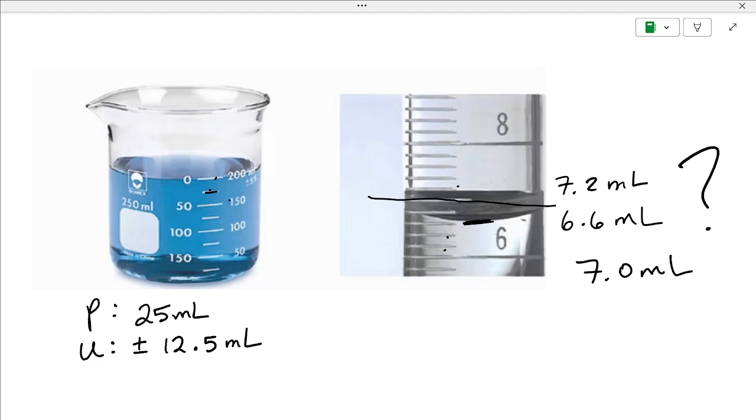My uncertainty is quite a bit bigger than half my precision in this case, because look at how different those three measurements are. They actually do tell you to use the bottom one. That's the way you're supposed to do it in a chemistry lab. But I'd still say that my precision is how far apart these are, which is 0.2 milliliters, which means my uncertainty is plus or minus half that, 0.1 milliliters.